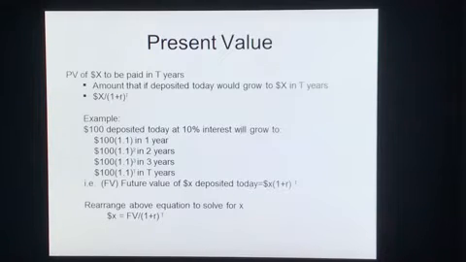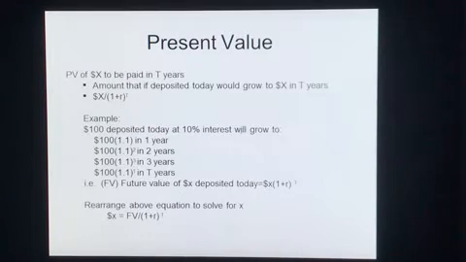For example, in the previous example, if we have deposited $100 today at 10% interest, that will grow every year. So at the end of the first year, it will become 100 into 1.1. Second year, 100 into 1.1 raised to 2, similarly 3 years, and so on.